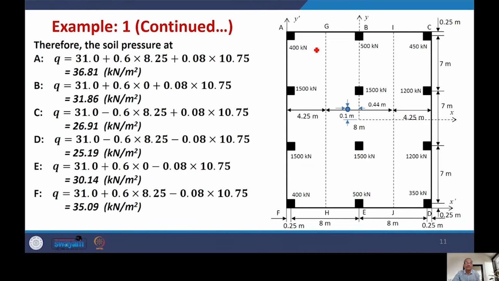As a result, this is ranging between 25.19, which is the lowest value, and 36.81, which is the highest value.